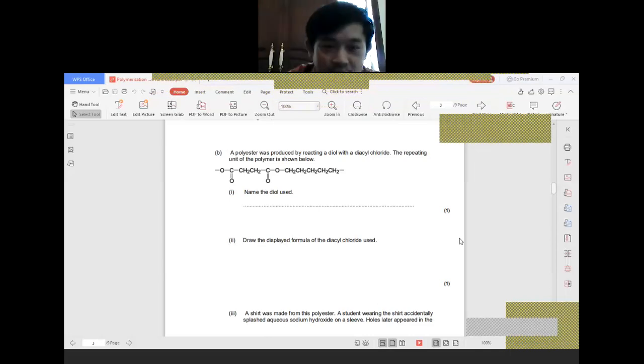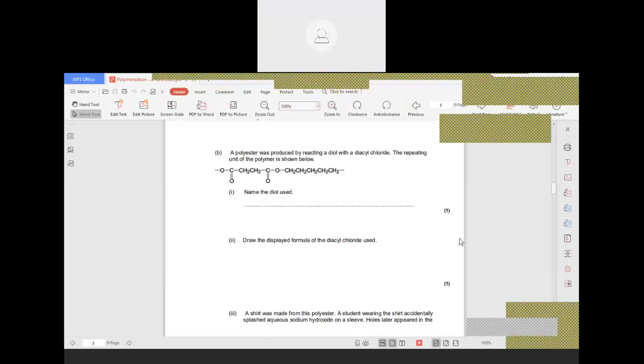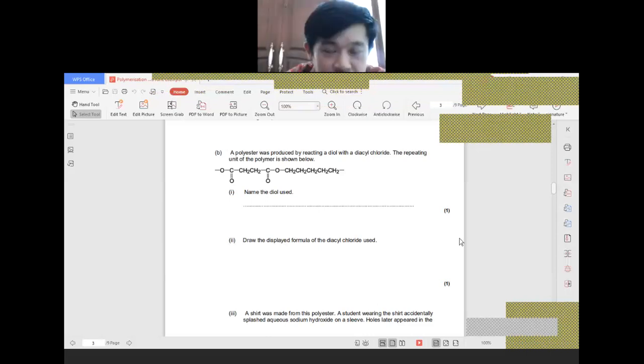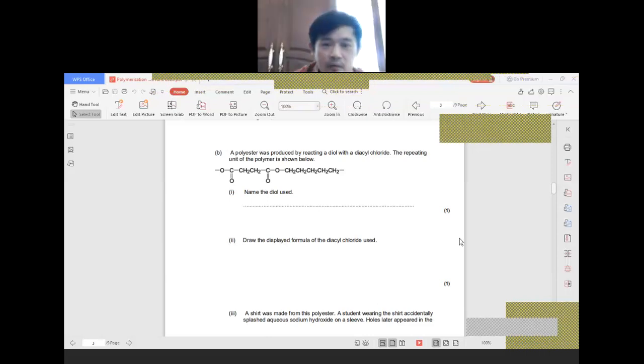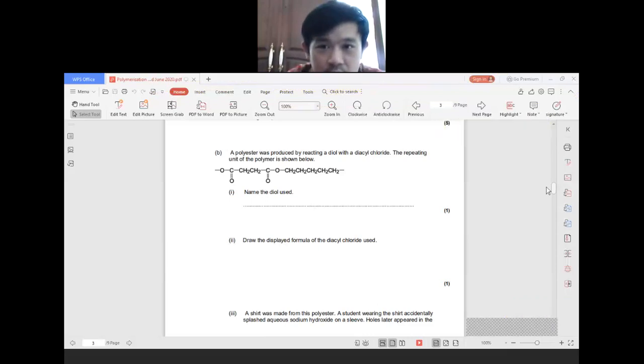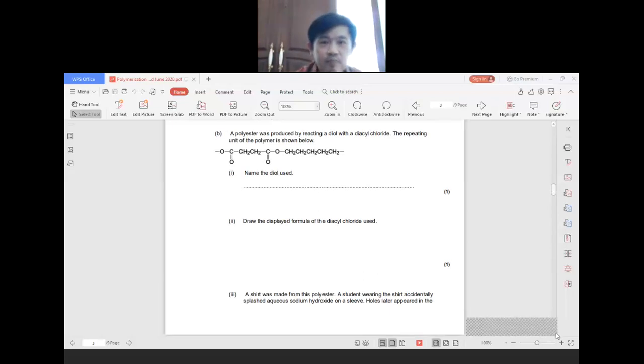Okay, yesterday we were until this part. B. Polyester, third page. Polyester was produced by reacting a diol with diacyl chloride. The repeating unit of the polymer is shown below.